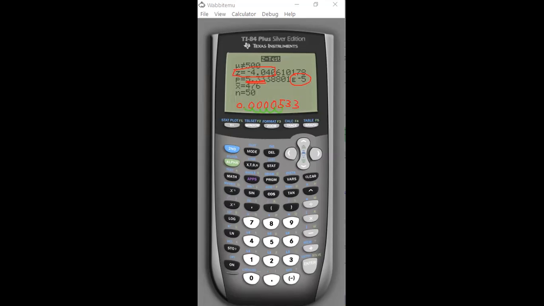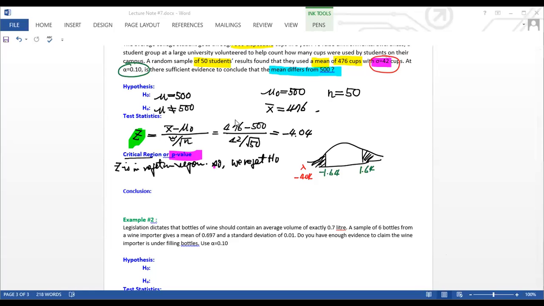All right, so let's go back to our lecture notes here. So now we also find the p-values. The p-value we just found is 0.0000533.